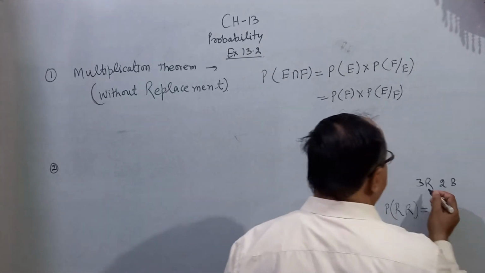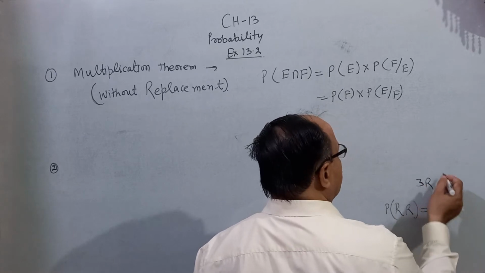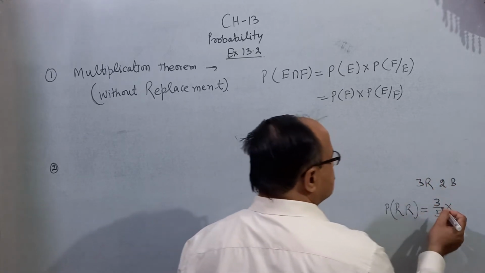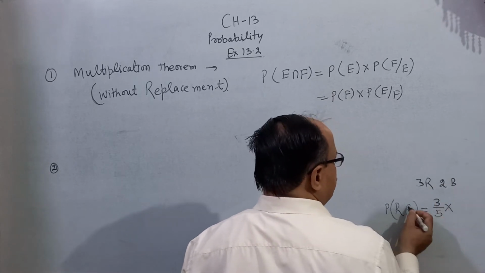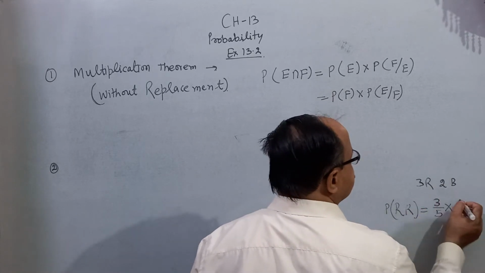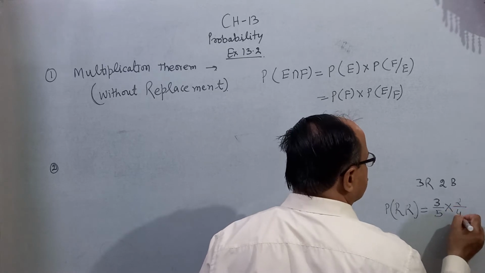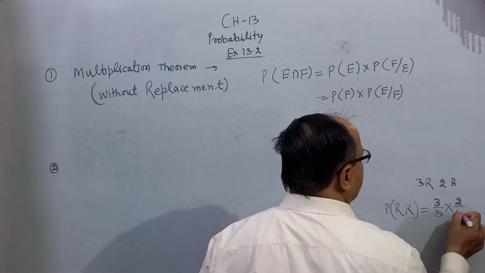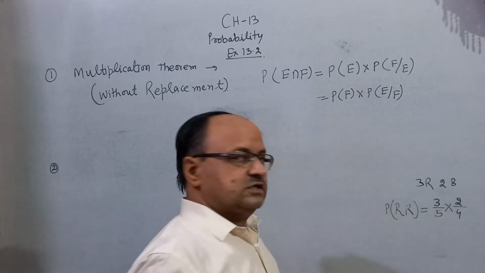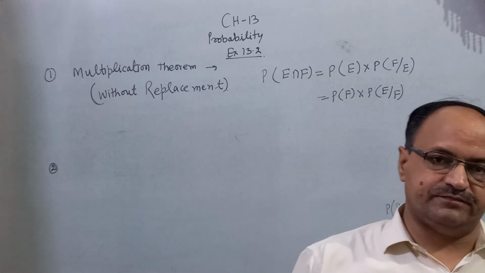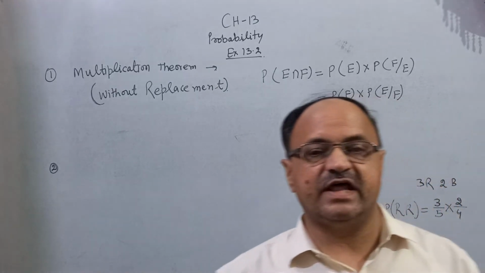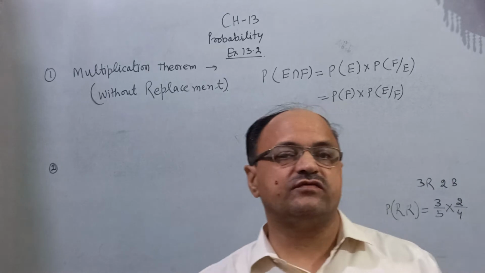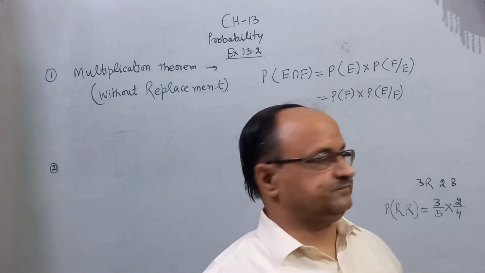Now when you draw the second red ball from this bag, the bag contains 2 red and 2 black. The probability of the second red ball is 2 by 4. This is called multiplication theorem. It is applied only when the question clearly says it is the case of without replacement.